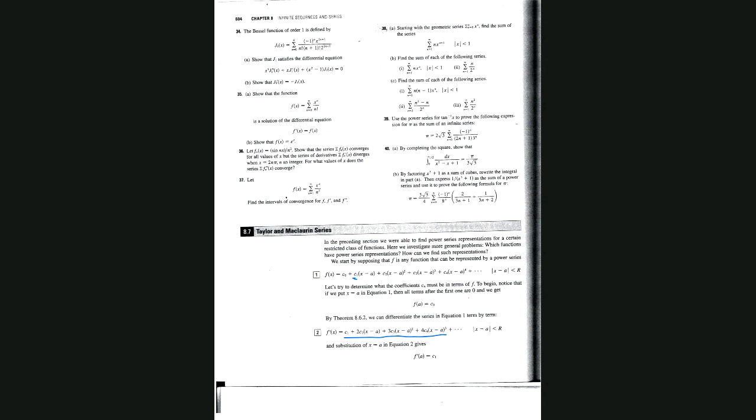This term will equal 0 because a minus a is 0, and this term will equal 0. All the terms equal 0 except the c1. So f prime of a equals c1. Now we know what coefficient c1 is. We have a formula for it.